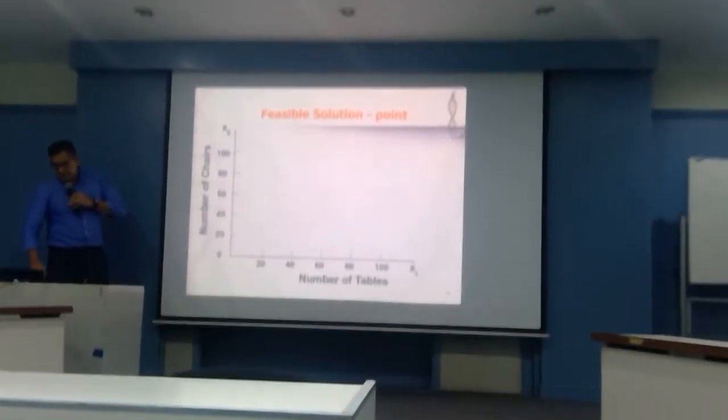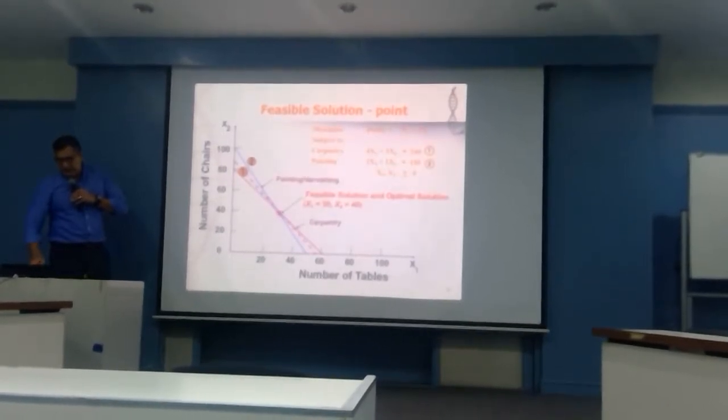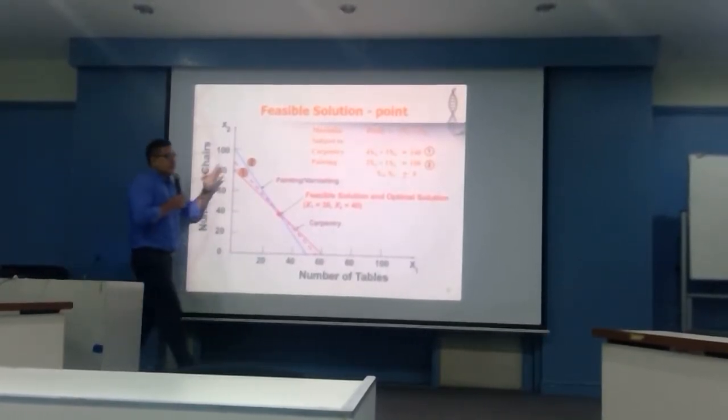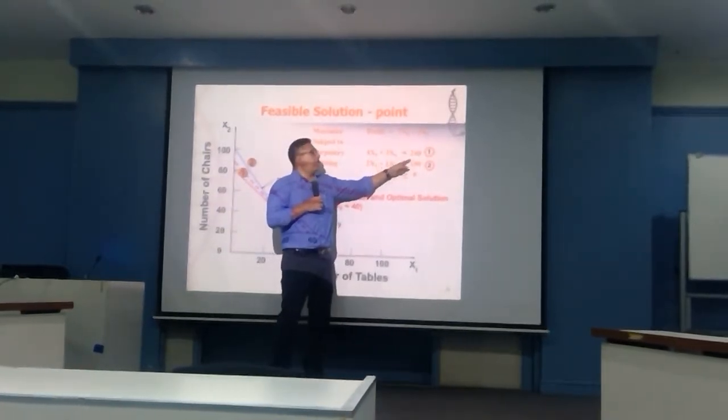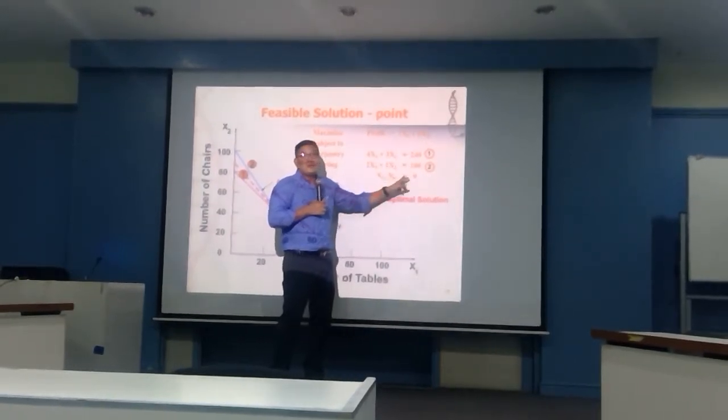if I'm using the same example, but I change something. Look at the constraint, carpentry and painting constraint. Now, the sign of the constraint changes from less than or equal to equal. So the meaning is changed. Because the previous one, you have less than or equal, right?